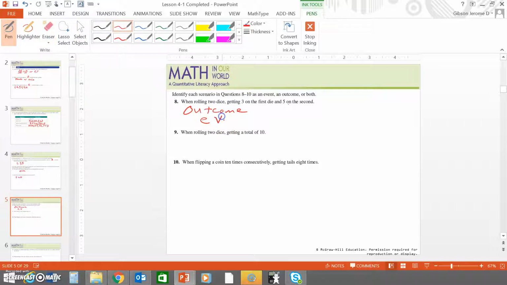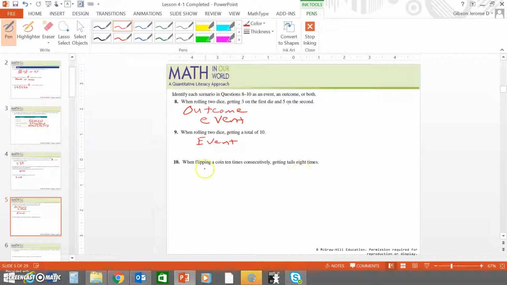Now, what you could do is go back to the previous pages and read the definitions of an outcome and event, and you will see that it ties directly to problem number 8. Now, number 9, when rolling 2 dice, getting a total of 10. Now, this is an event. And then finally, number 10, when flipping a coin 10 times consecutively, getting tails 8 times.